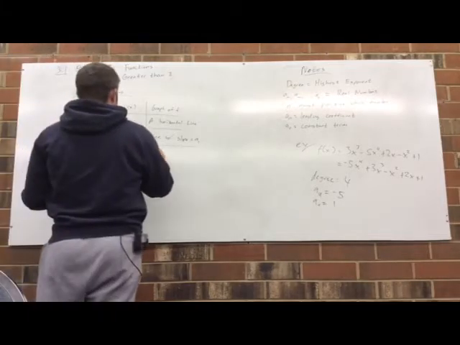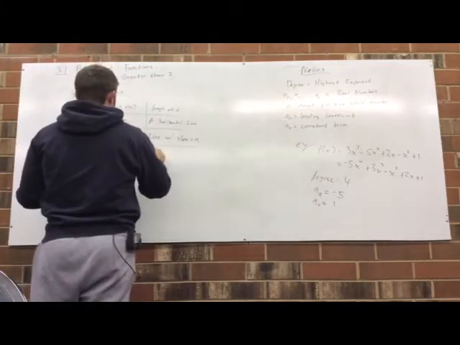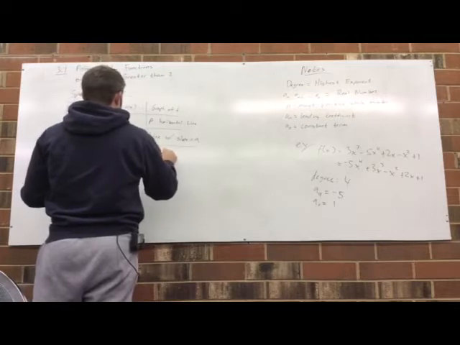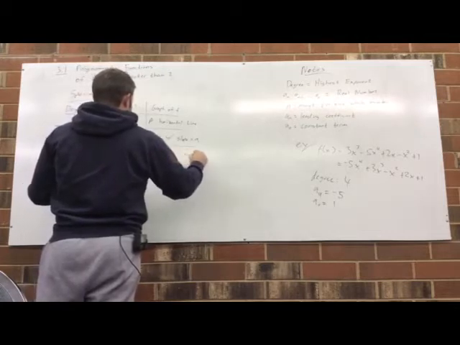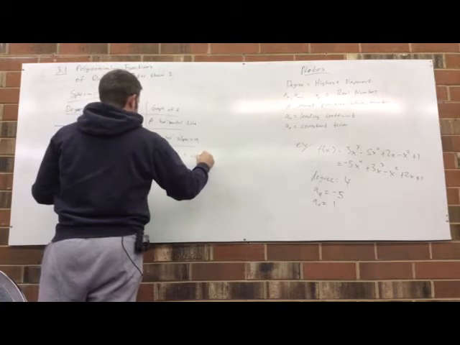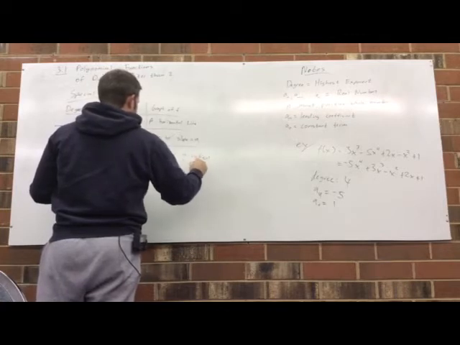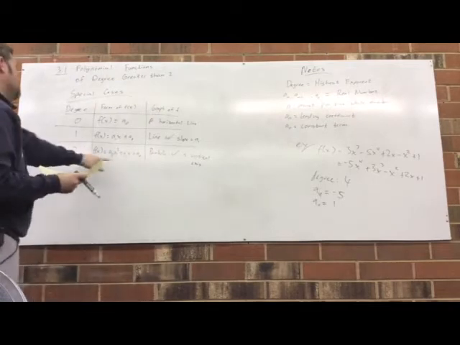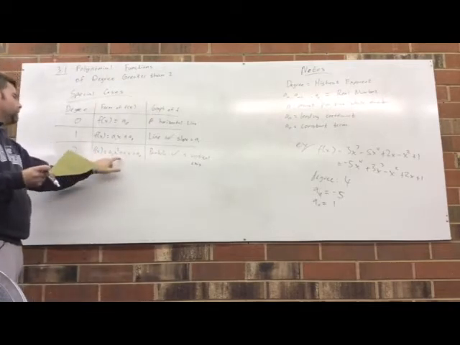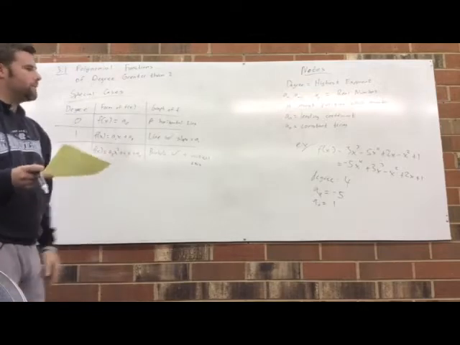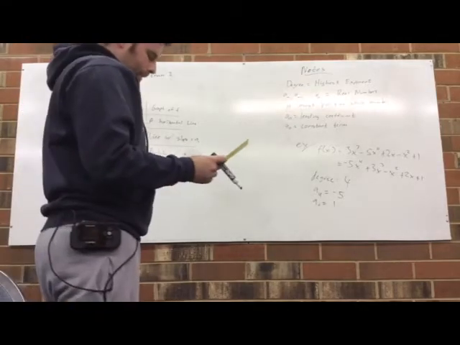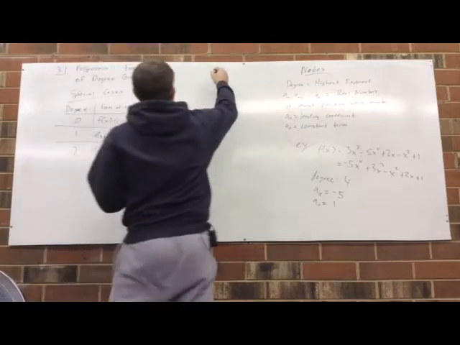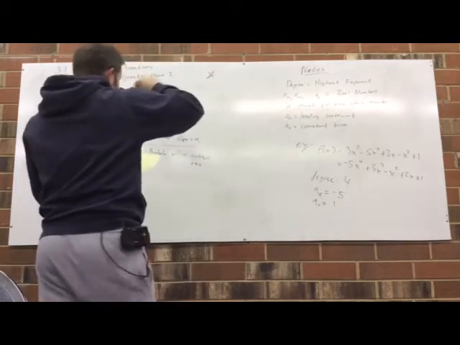Again, you should be familiar with this. This is a parabola with a vertical axis, and the standard form of a parabola is ax squared plus bx plus c. Same setup here.